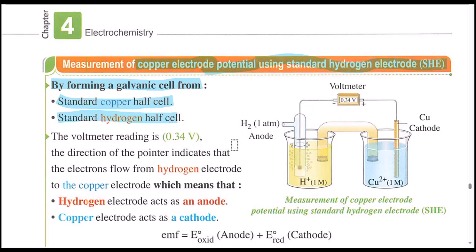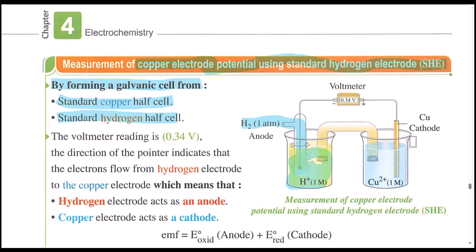So the standard hydrogen half cell is composed of a sheet of platinum of 1 centimeter square dipped in a solution with a concentration of hydrogen ions equal to 1 molar, and hydrogen gas flows over this platinum sheet, which is covered by spongy black finely divided platinum to absorb hydrogen gas.